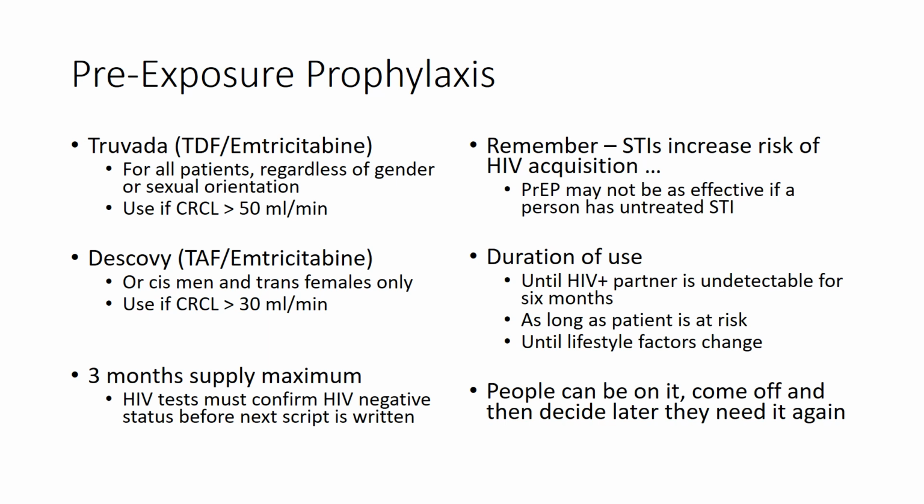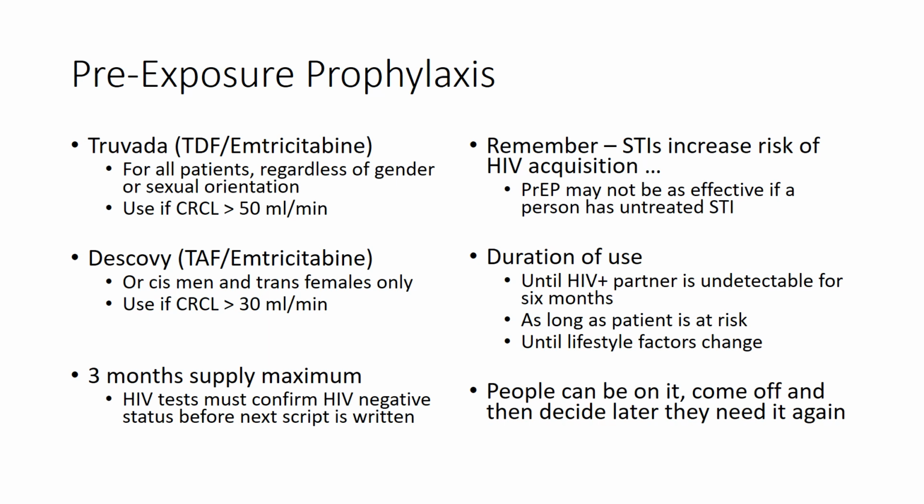So what are the 2 drugs that we use? One of them is tenofovir disoproxil fumarate with emtricitabine, and the other is tenofovir alafenamide with emtricitabine. The differences between the 2 are obviously the concern about the creatinine clearance, but interestingly enough, Truvada is approved for all patients regardless of their gender or sexual orientation, and currently Descovy is only available for cis men and for trans females.